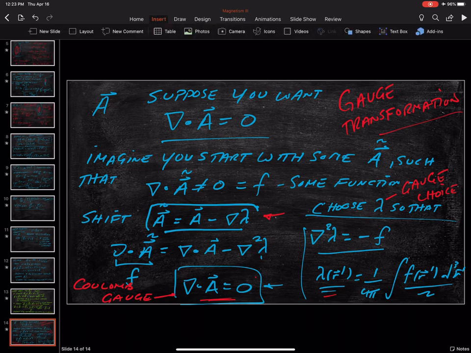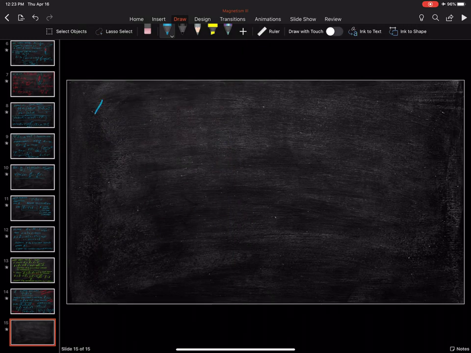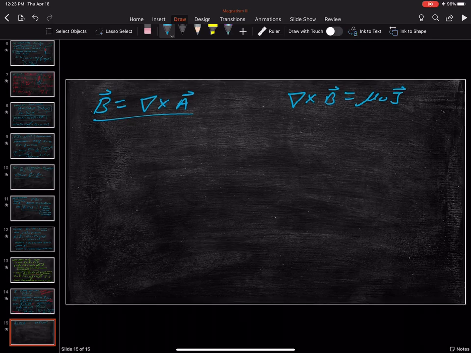Why? Well, let me go back to my equation here. B is del cross A. And remember that del cross B is equal to mu naught times J. Well, let me take the curl of B, and then plug it into Ampere's law.